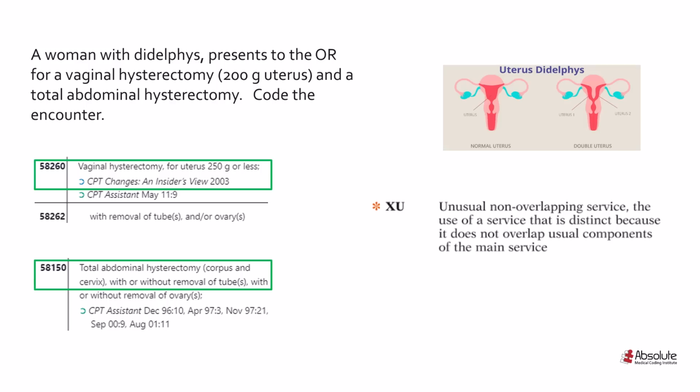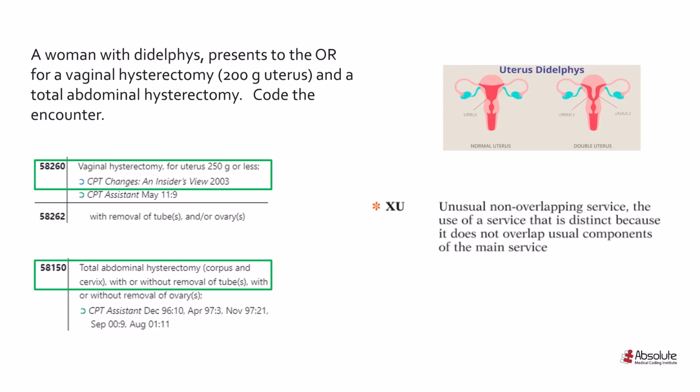However, coders, most women have one uterus, right? They do. So the systems are designed to represent what is usual and customary, what is common. So we will need to tell the system, the insurance payer system, that this is an unusual, non overlapping service.